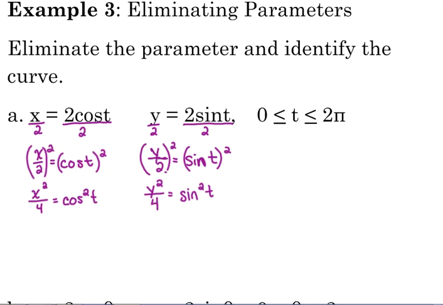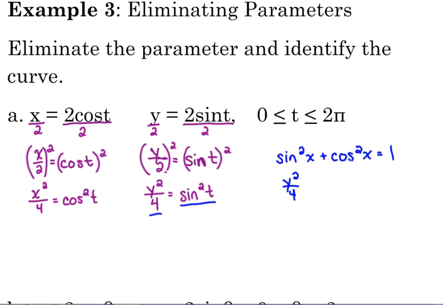Now, I told you we were going to use what we just covered, that sine squared of x plus cosine squared of x is equal to 1. Well, don't I have something that's equal to sine squared of t? I do. Y squared over 4 is equal to sine squared t.